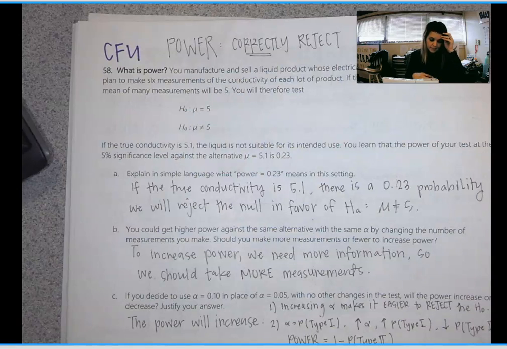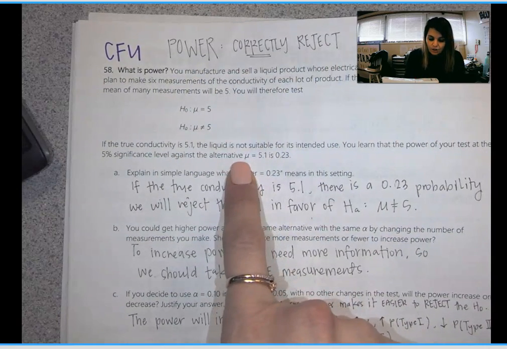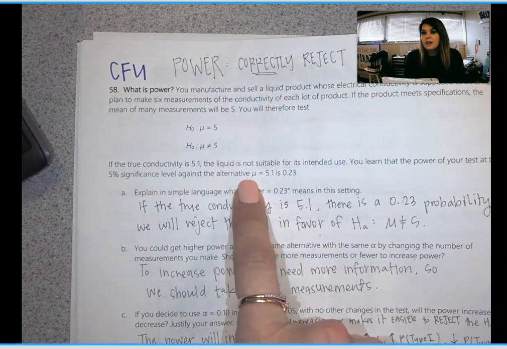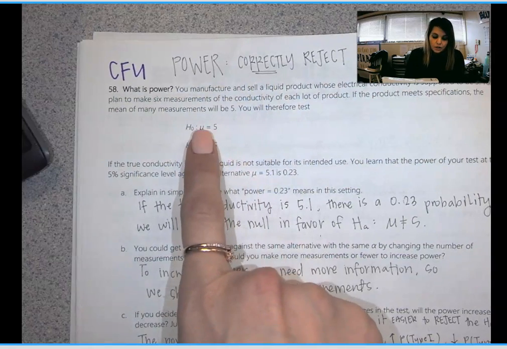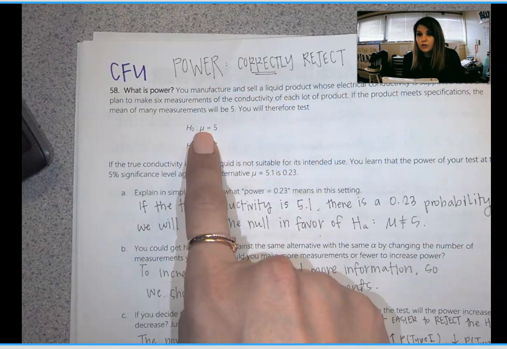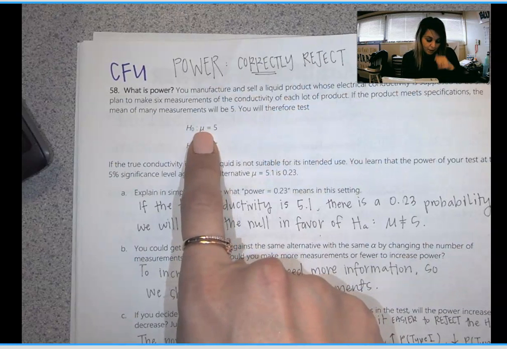So when they say against the alternative mu, I know what they mean by that is our product that we manufacture, sorry, I was looking for the correct vocab word.